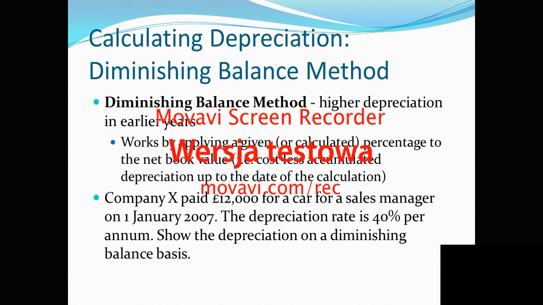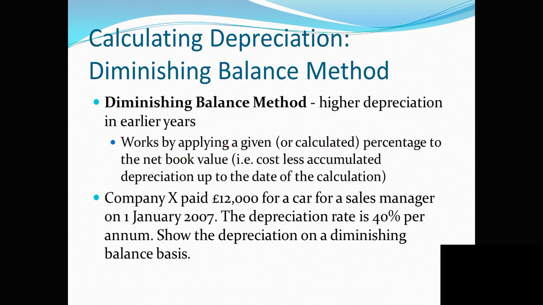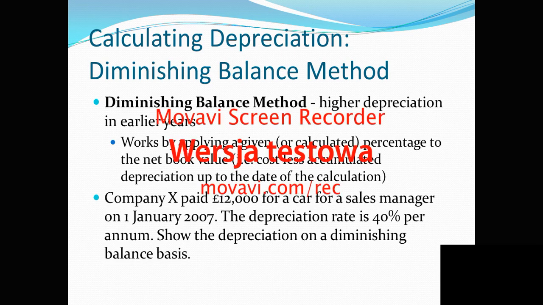For the next year, 40% of the 12,000 pounds minus the depreciation for the first year, and for the third year it's 12,000 pounds minus the depreciation for the initial first 2 years, and 40% of that amount, and so on.